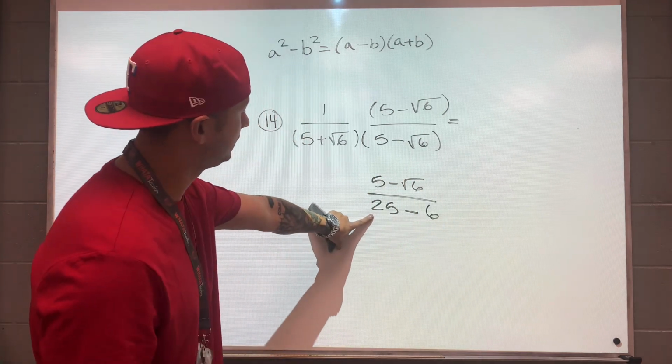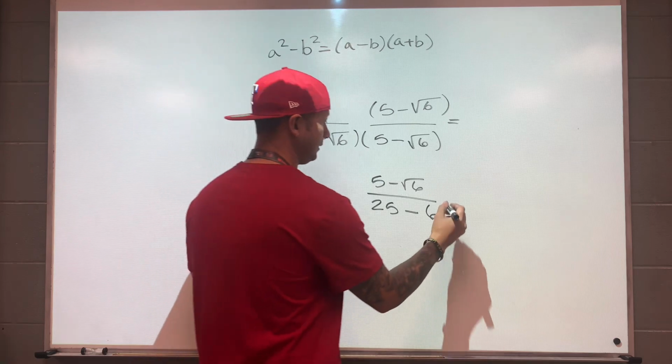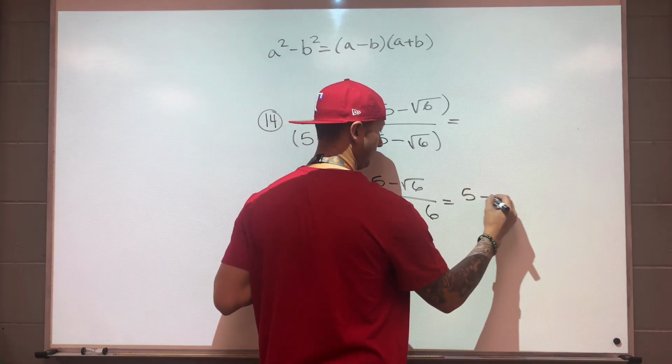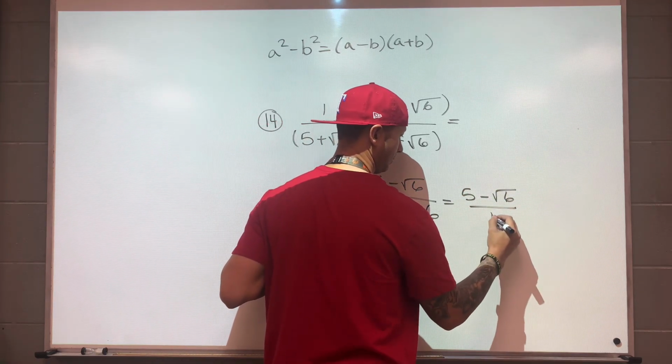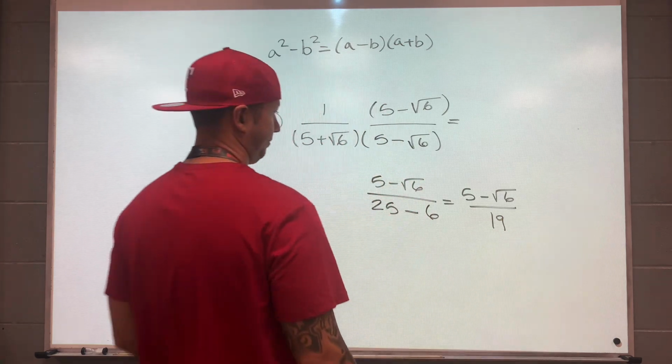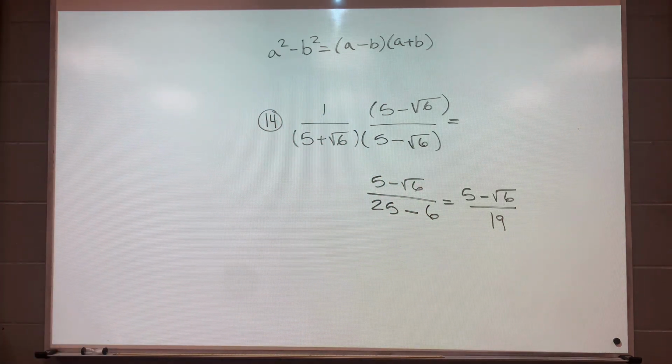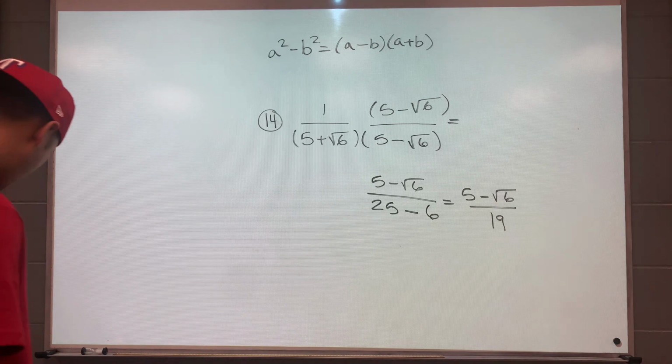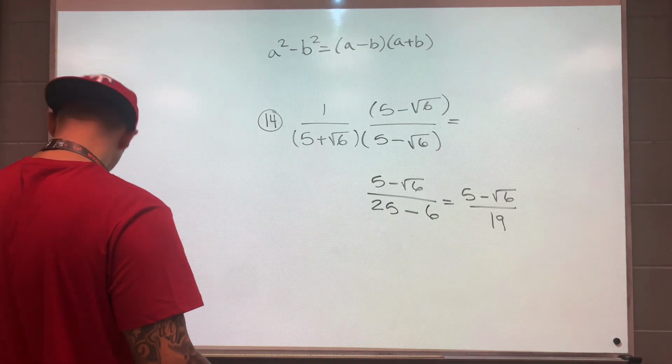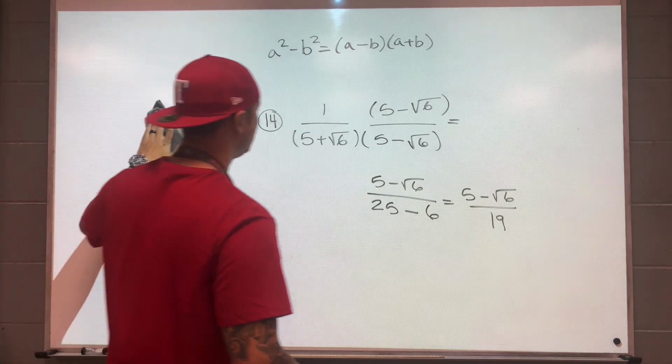All right, what is this? 25 minus 6, that's 19. Five minus root 6, all divided by 19. Yay, first page.